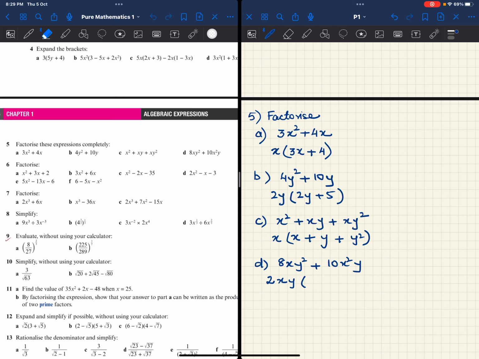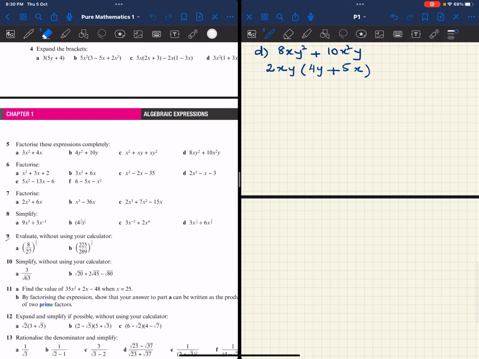When we remove 2 from the first term, we are left with 4y, because we remove one x and one y. And from the second term, we remove 2, so we are left with 5. One x goes out, so we have x, and then we don't have any y's because the y is gone. So that is the answer for 5D. Let's move on to question number 6.